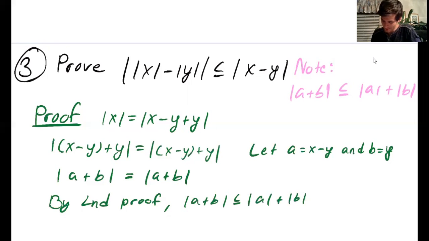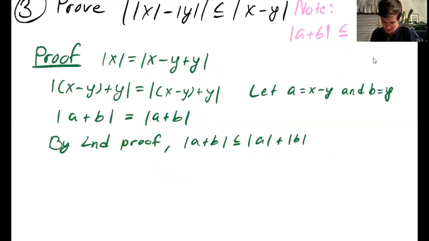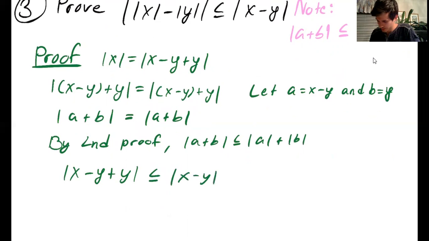Now, how are we going to use this? We're going to change it back into the absolute value of x minus y plus y. Notice we're just substituting, so this is less than or equal to the absolute value of x minus y plus the absolute value of y. Again, just substituting back.